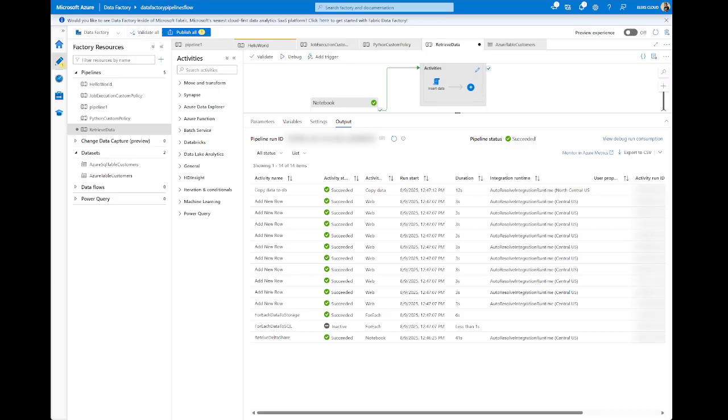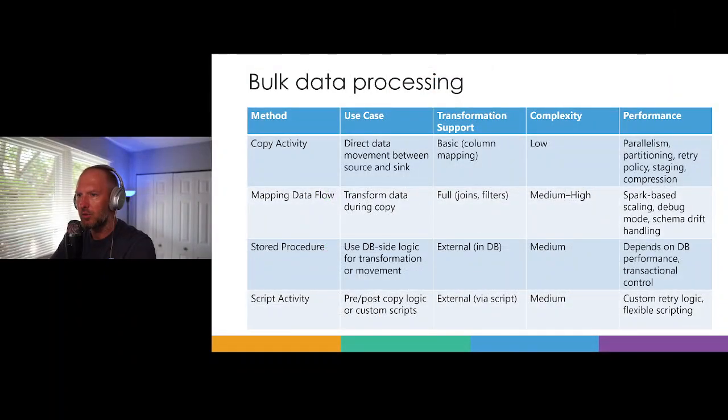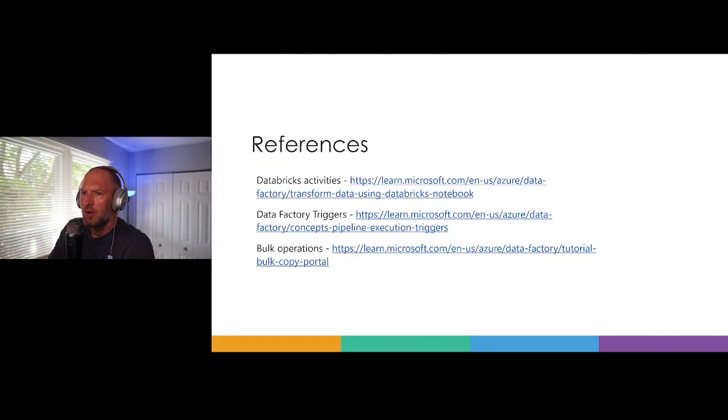So that's probably it that I would like to show. And let me go back to the last slide. So this is a reference that you can start reading and playing with these particular platforms, Databricks and Data Factory.